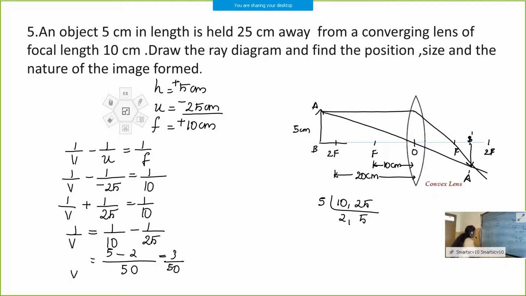Okay. So what is V? V is equal to 50 by 3. 1 by V is 3 by 50. So V is 50 by 3. So 50 by 3, when you calculate, what you will get?